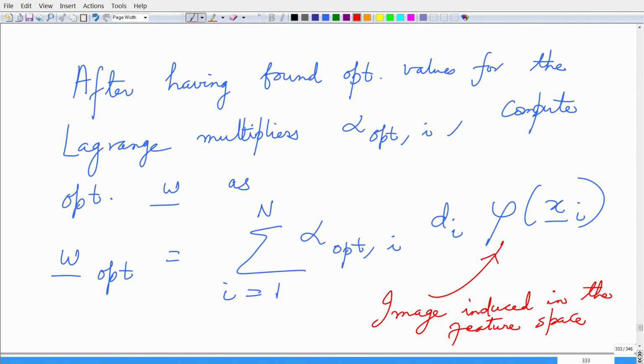So, now once we compute the optimum weight vector, then we can solve the pattern separability problem, and this completes the design of SVM for non-separable patterns in the input space.